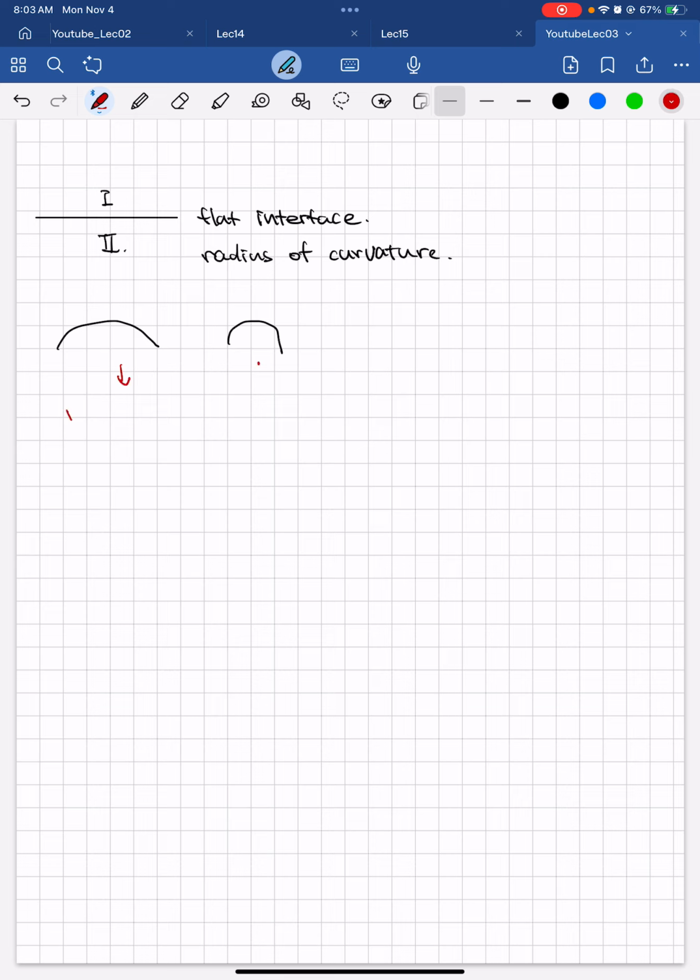So R is proportional to the reciprocal of curvature. This is R here for this one. Obviously, this one has higher radius of curvature, meaning smaller curvature. Okay?